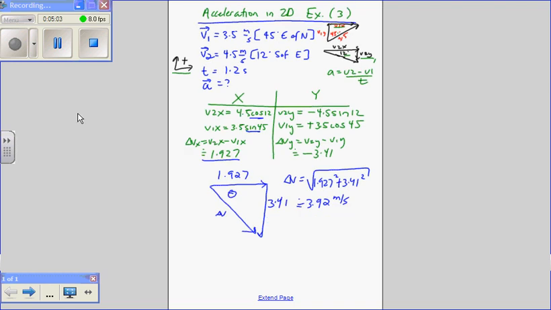Okay, theta, in this case, is going to be tan minus 1 opposite over adjacent, so that would be 3.41 over 1.927 equals about 60 degrees.